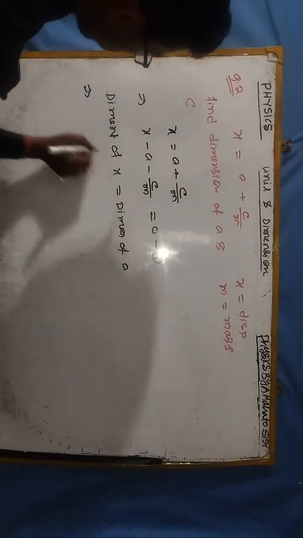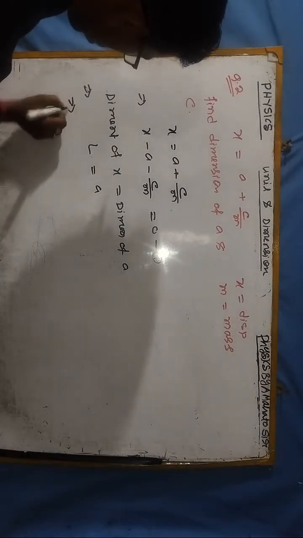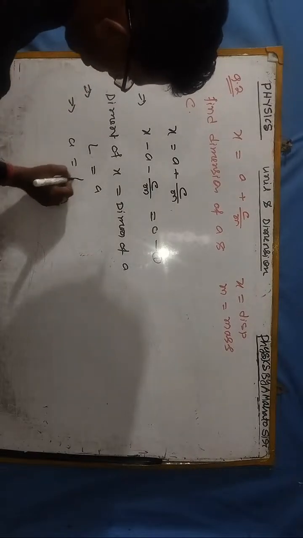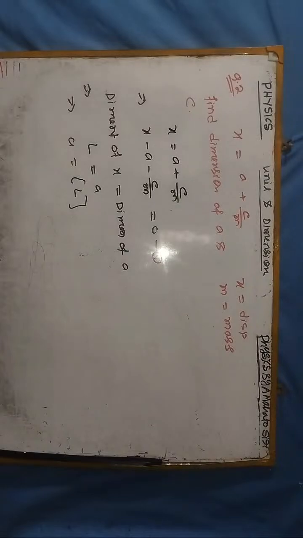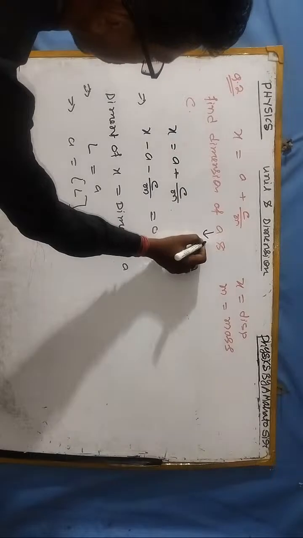The dimension of x is L, so the dimension of a is L, a constant.